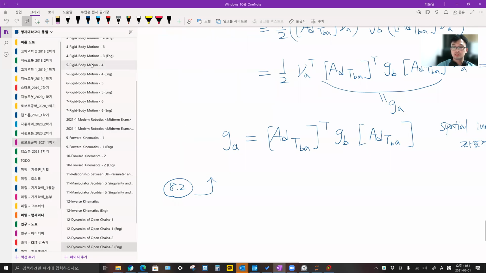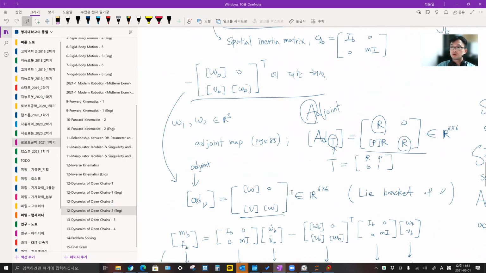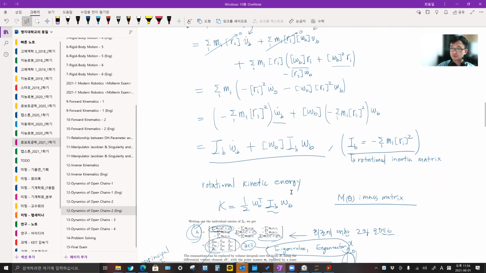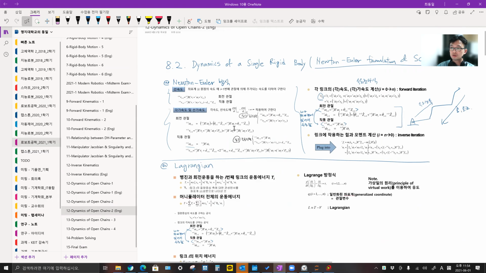Okay. This time, we learned about the dynamic equation of an open chain robot in modern robotics style. In modern robotics style, the equation is very simplified. In the Newton-Euler equation, the equation is very long, and if you use this Newton-Euler equation, the hand calculation is very, very difficult.